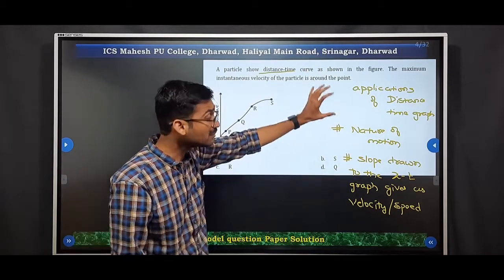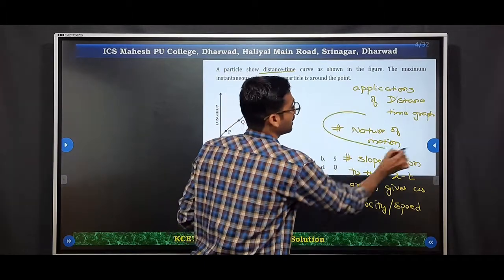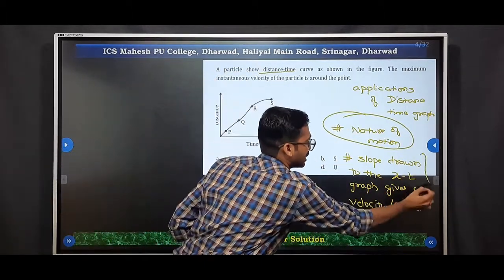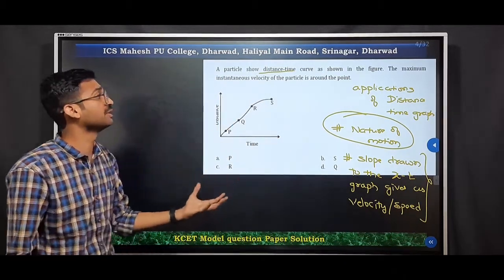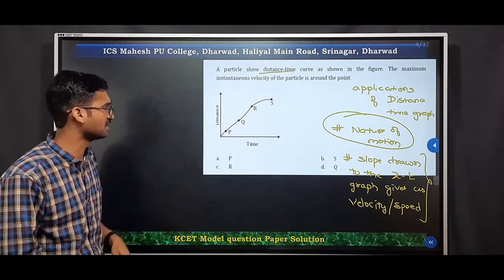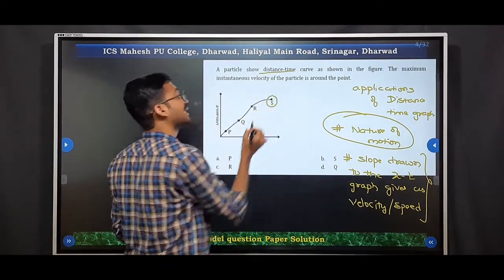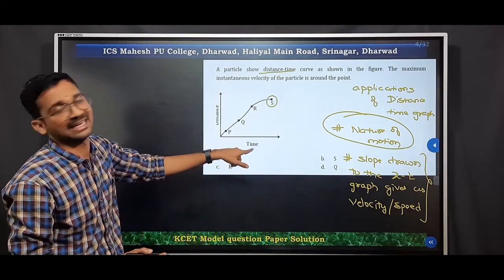Now they are asking here about velocity, therefore there is no work for the first application. We have to enter directly into the second application. This is our point of interest. Now check out of these 4 points which one will have the maximum velocity. If I check the first, that is point S, it is parallel to the time axis.